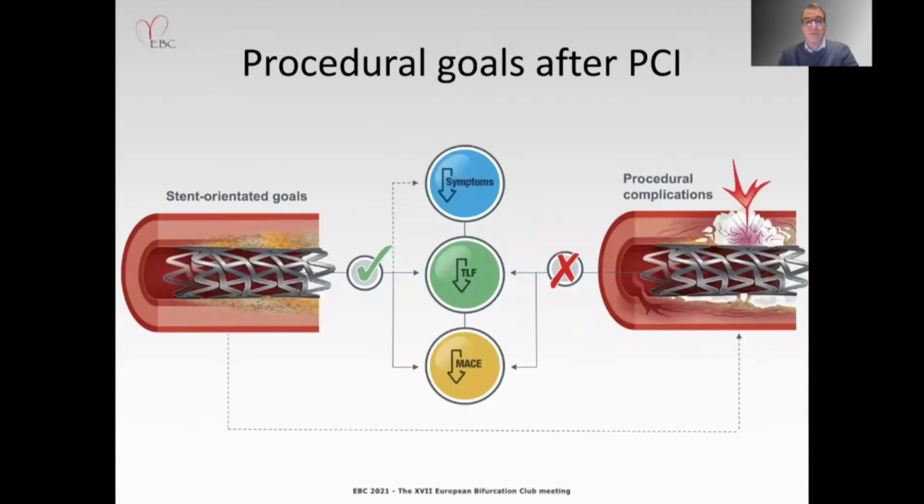From several studies, we know that an adequate stent implantation can reduce clinical events and, of course, symptoms on the one hand side, but it also often results from lesion preparation, which is mandatory to achieve such good results, in procedural complications.